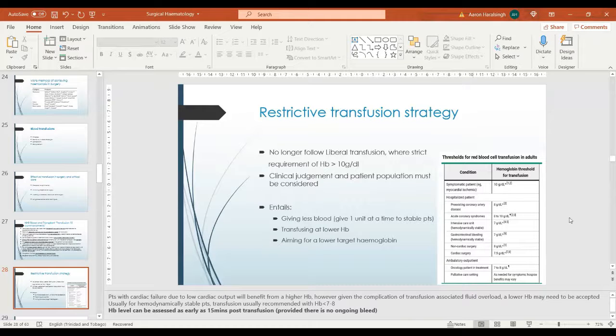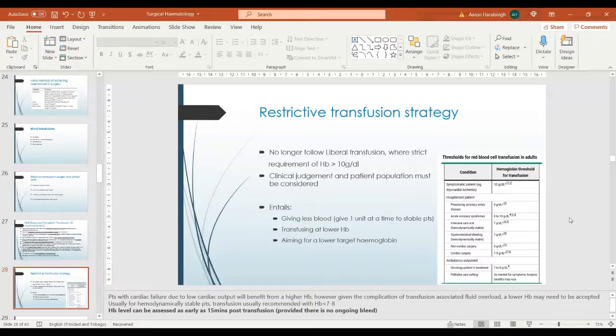So in a patient who is symptomatic, as in they have myocardial ischemia, you can aim for 10. In the hospitalized patient, if they have acute coronary syndromes or pre-existing coronary disease, then transfuse at 8. In the ICU, if there's GI bleeding, transfuse at 7. For non-cardiac surgery, you can transfuse at 8.